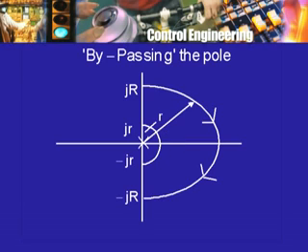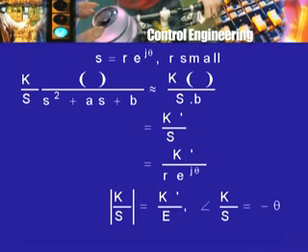Now, when I move along this bypass, what is the variation of theta? Theta is varying from minus pi by 2 to plus pi by 2 in the counterclockwise sense. In other words, minus pi by 2, minus pi by 4, 0, pi by 4, pi by 2. But what is the angle of k by s g h doing? It is given by minus theta.